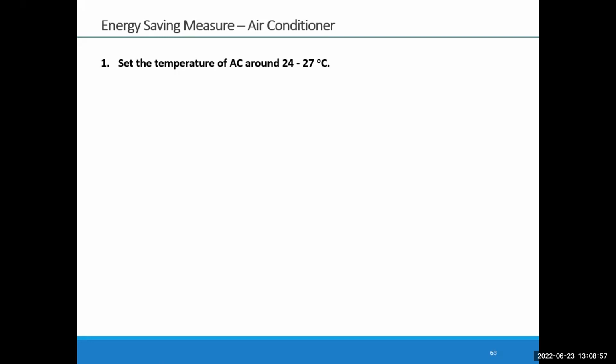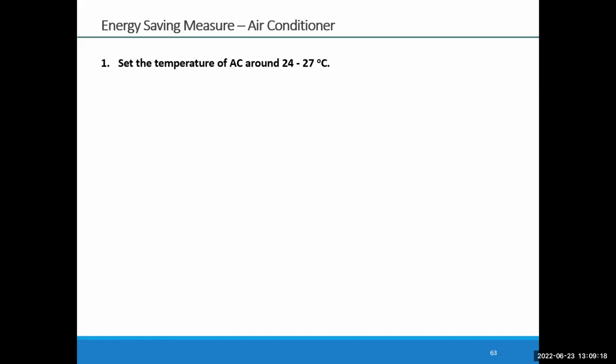In most areas, we will see that the temperature of the air conditioning unit is set at 20 degrees, 22 degrees, or in some cases 18 degrees, which means you are making the compressor do more work to deliver that much cooling load.